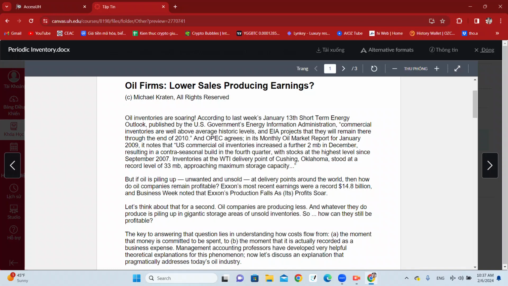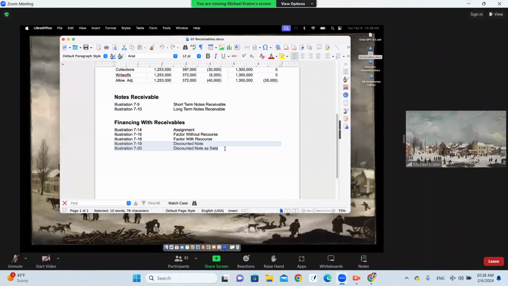And if you open up, we did have a couple of final illustrations in receivables that we didn't cover the last time around.